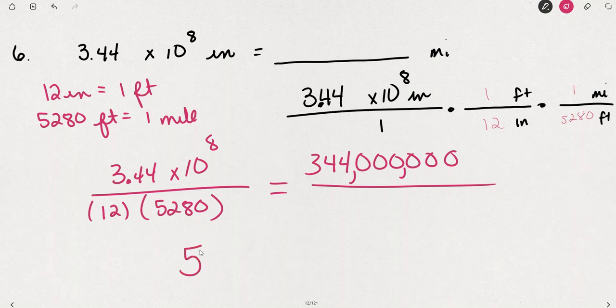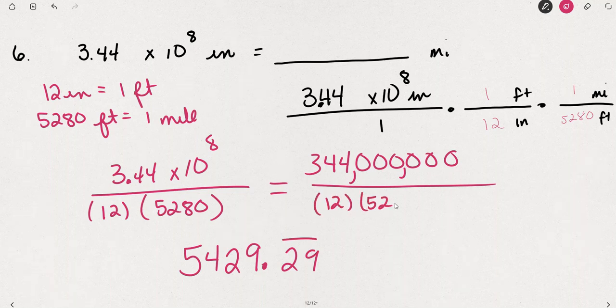which gives us 5429, and it looks like that 29 keeps repeating. I don't think the directions were clear about where to round, so let's just round to 4 decimal places.